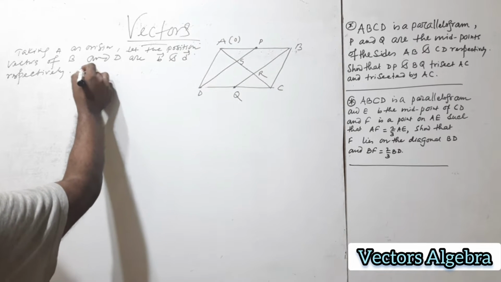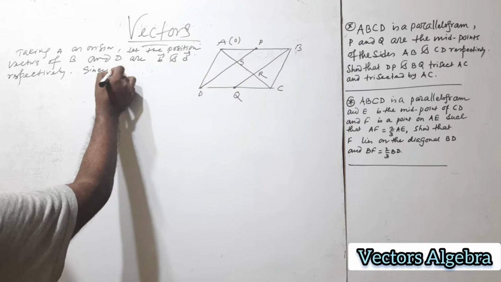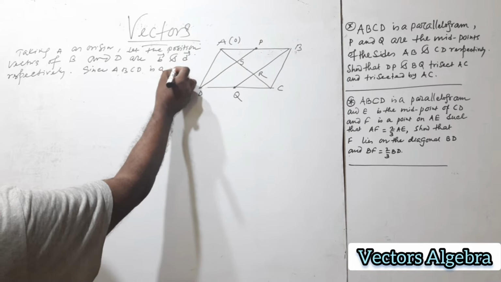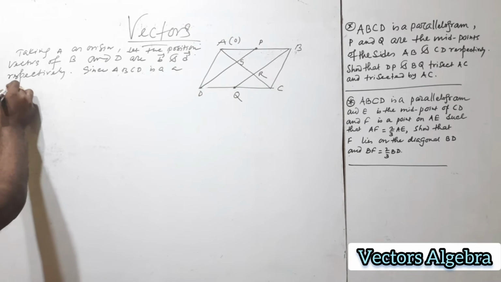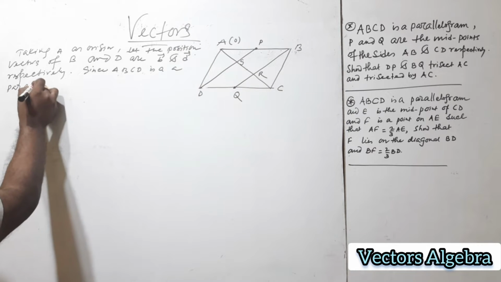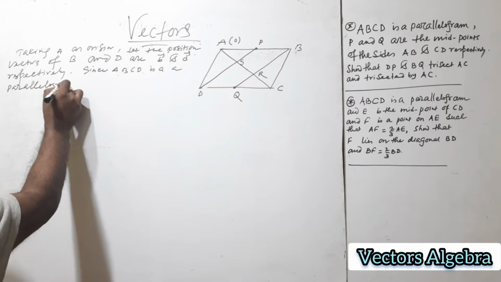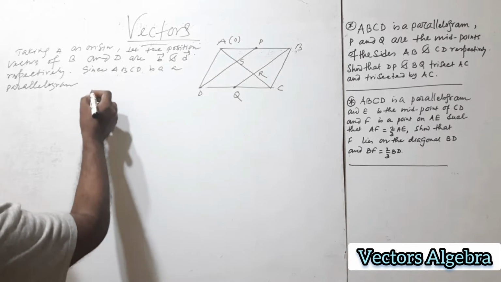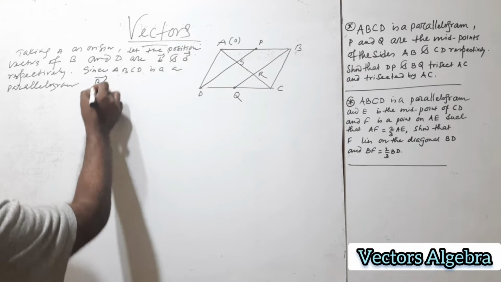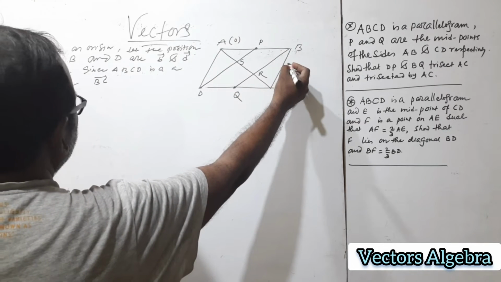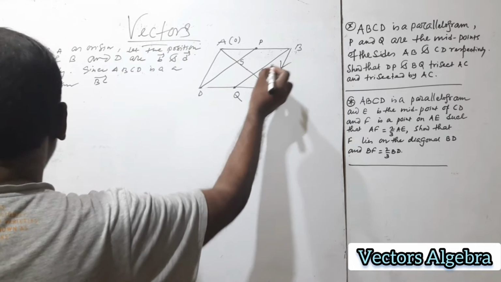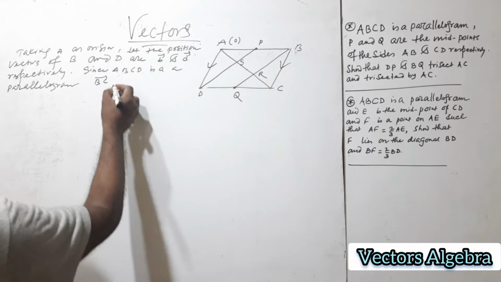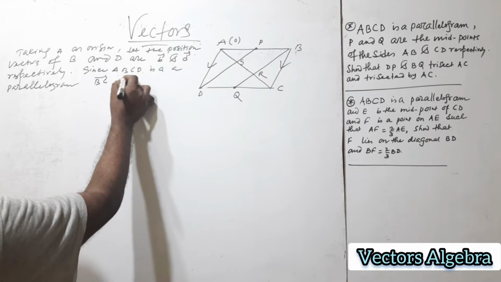Since ABCD is a parallelogram, vector BC, this is B to C, is equal to vector AD, with the same sense and same direction.